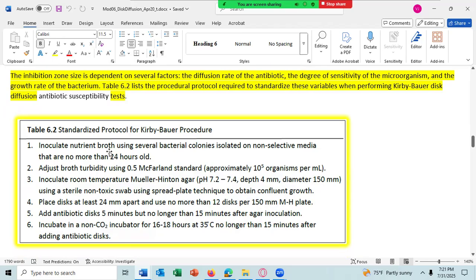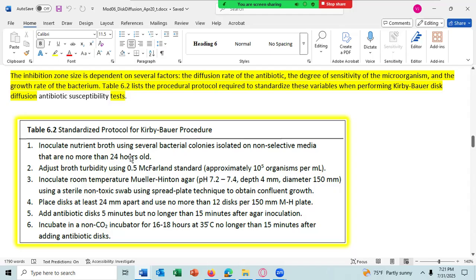You take the bacteria from several colonies isolated on a non-selective media and make sure the colonies have grown no more than 24 hours old. And then you grow the nutrient broth for less than 24 hours as well.